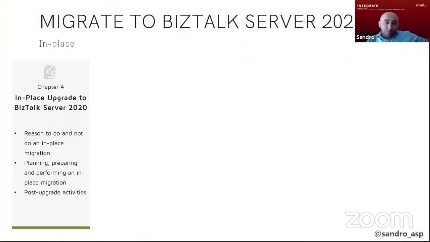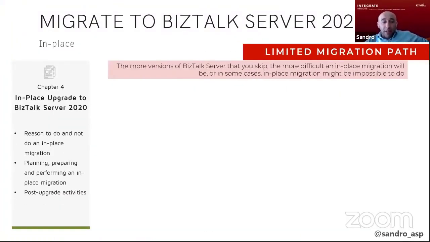In-place migration. It is possible, but it has a limited migration path. So you cannot migrate from 2020 to 2020. Basically, only a previous version can do an in-place migration.